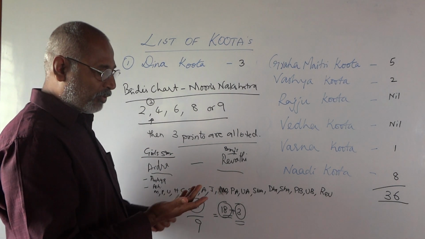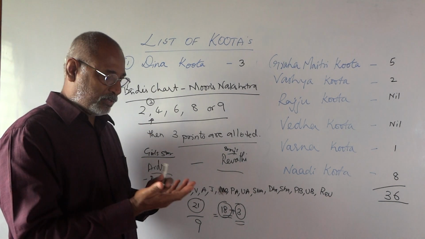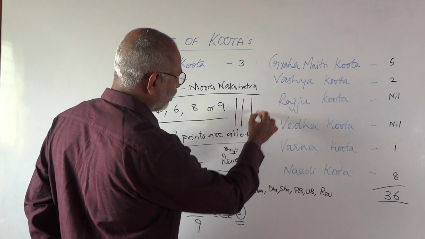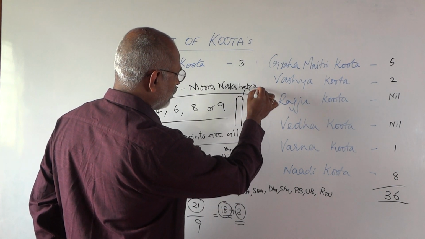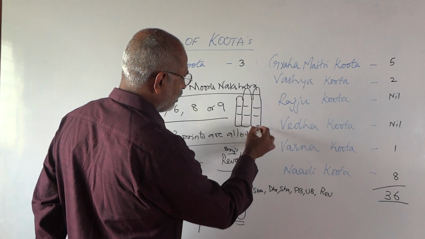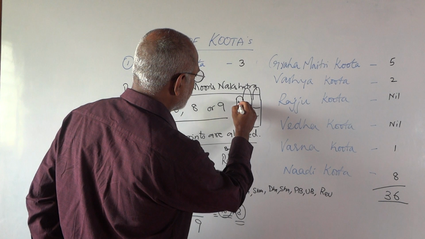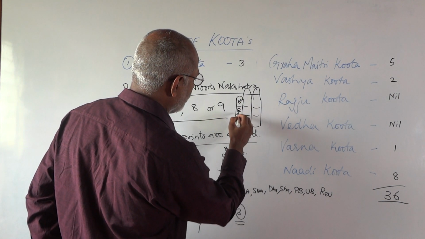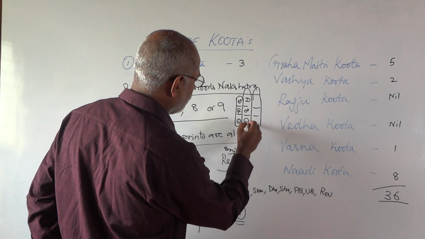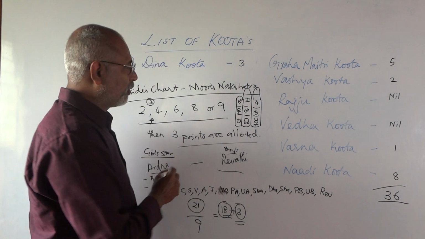We can also do this verification with the method I told earlier, using the Adhipatis of the Nakshatras. We count on the phalanges of the fingers, these 3 fingers, 1, 2 and 3. This is Ketu, Shukra, Surya, Chandra, Kuja, Rahu, Guru, Shani and Buddha, that is Mercury.